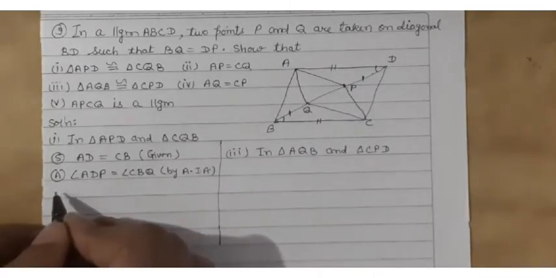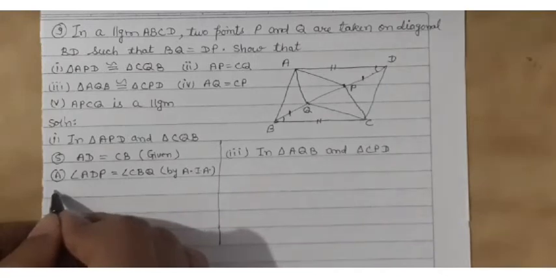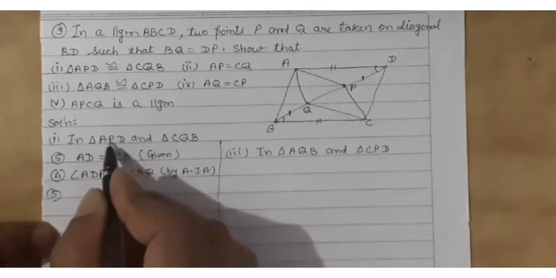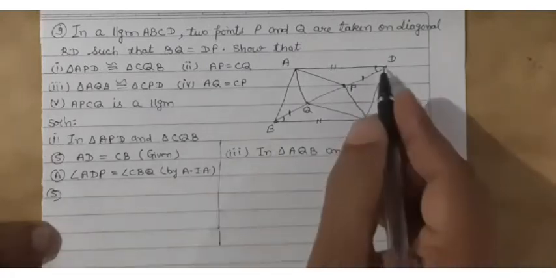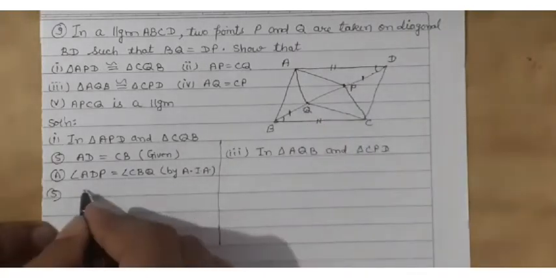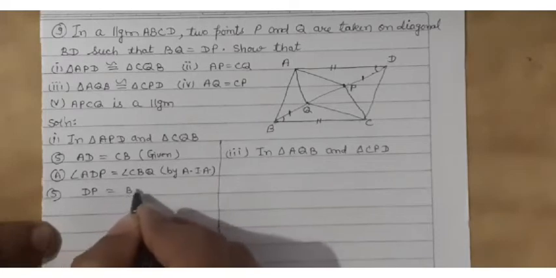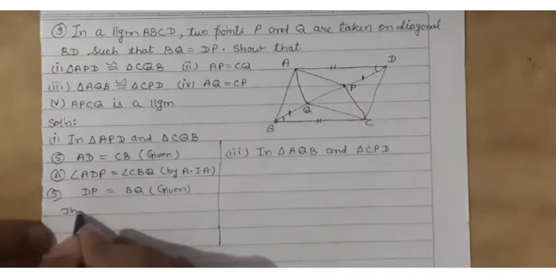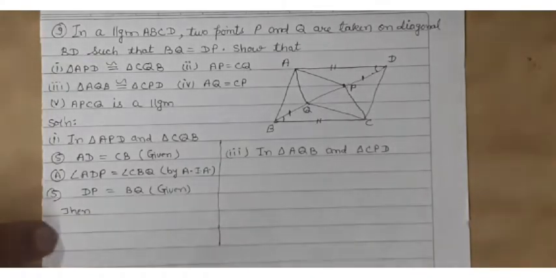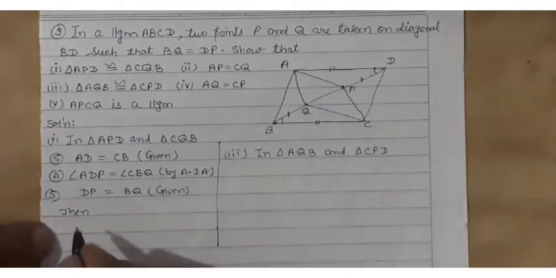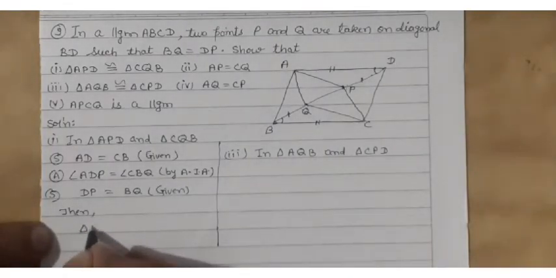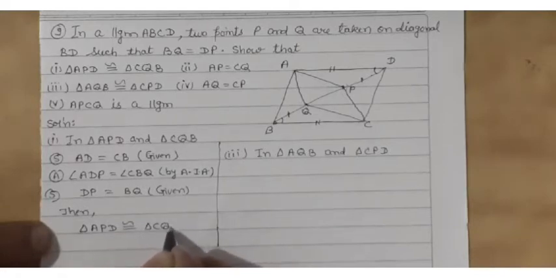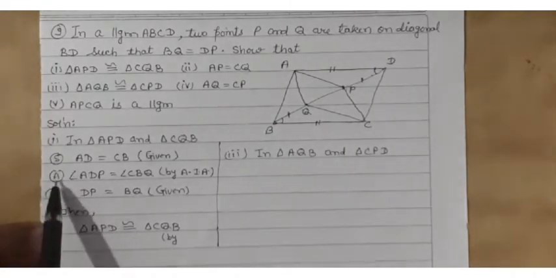And what is the third thing? Again, a side is given to you: DP is equal to BQ. This is also given to you. Then triangle APD will be congruent to triangle CQB by SAS rule.